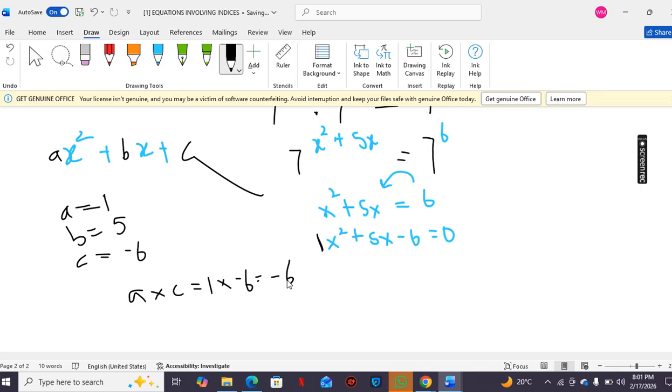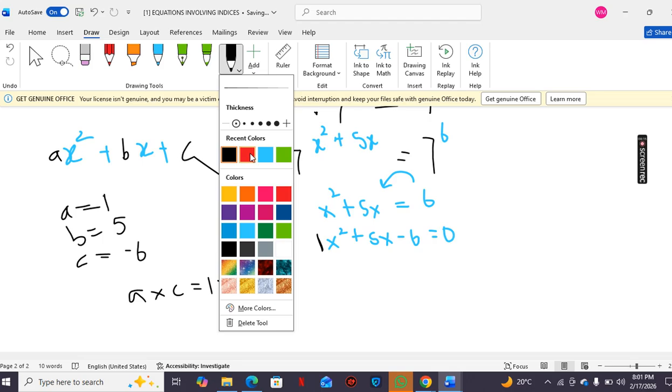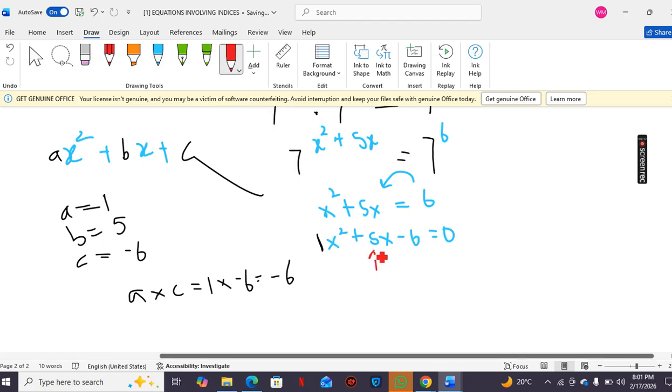After you do that, you need to look for two numbers that when you add them, you have to get this 5 here. When you multiply the two numbers, you need to get a negative 6. Okay? So this is where the trial and error comes in. So those two numbers are negative 1 and positive 6.